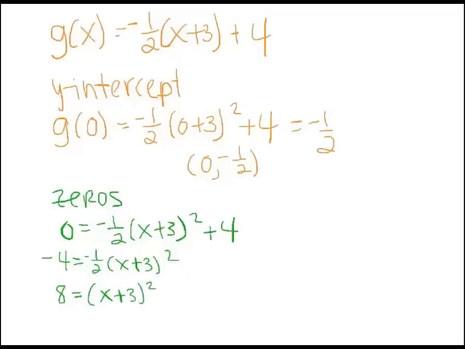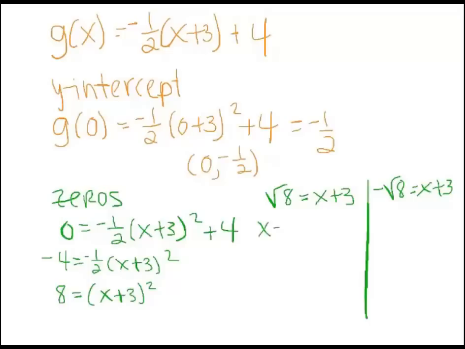Now I'm going to square root both sides. Now be careful, right, because the square root of 8 is the square root of 8, but it's also negative square root of 8. When you square root something, you should get a plus or minus answer. So in this case, your zeros are negative 3 plus root 8 and negative 3 minus root 8.